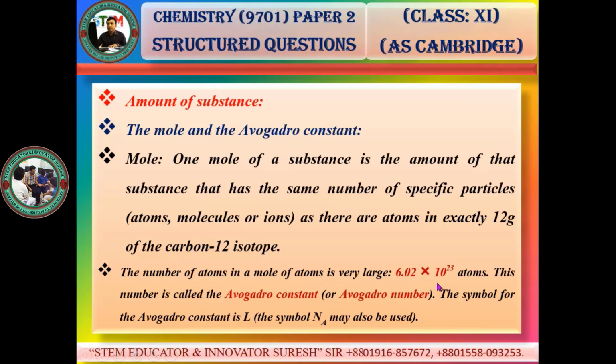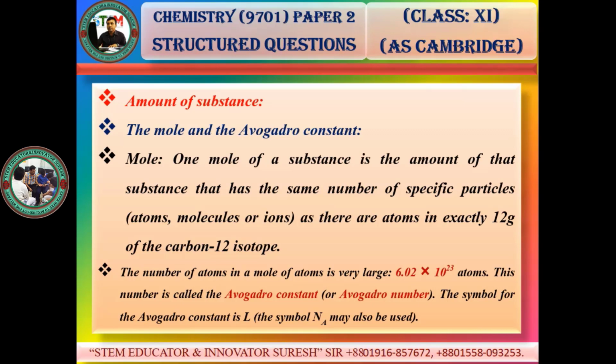If it is ions, it will be 6.02 into 10 to the power 23 ions. Even if it is the number of human beings, oh amazing, it will be 6.02 into 10 to the power 23 human beings. But it's totally impossible, because on our planet near about 800 crore people are present, so it will not be possible to have 6.02 into 10 to the power 23 human beings.